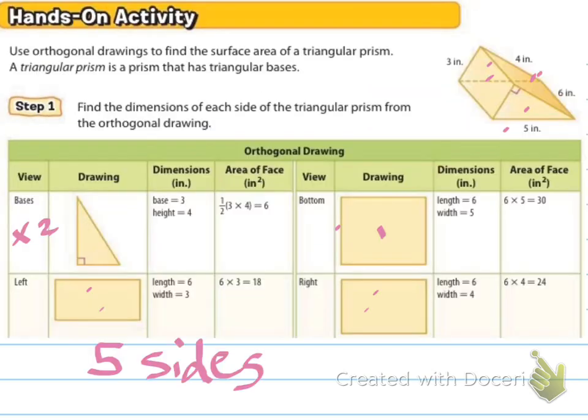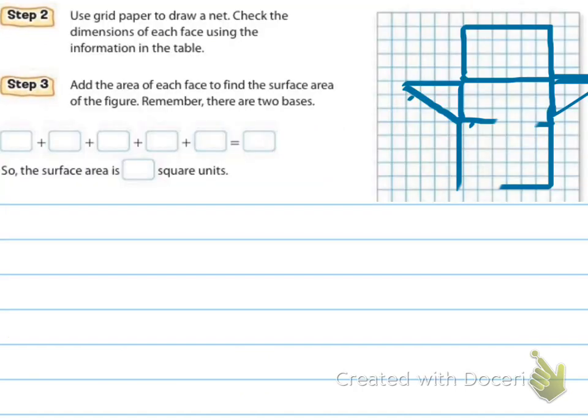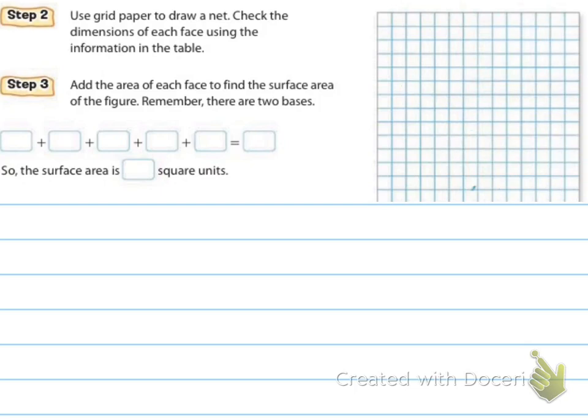So let's start with the rectangle base. That's going to be 3 by 6. Whoops, that did not work out. Here we go. 3, down 3, and over 6. All right, so that's our first one.